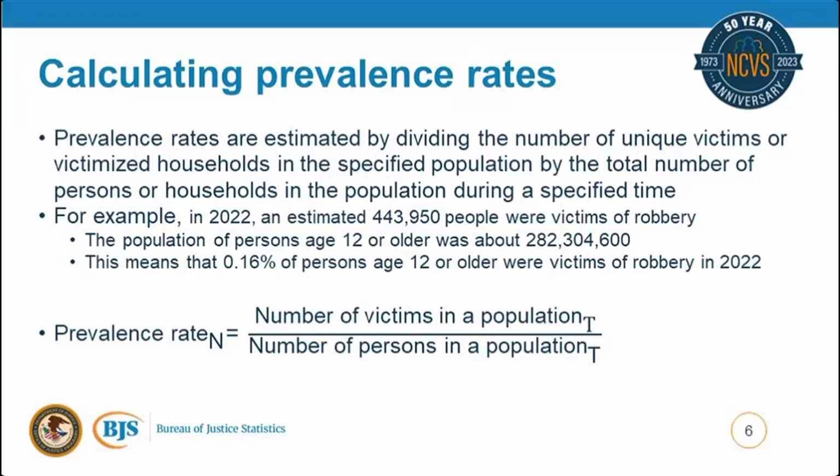Prevalence rates are estimated by dividing the number of unique victims or victimized households in the specified population by the total number of persons or households in the population during a specified time. To get the rate of prevalence, divide the number of victims in the population by the number of persons in the population. Since prevalence rates are often expressed as percentages, multiply your result by 100%.